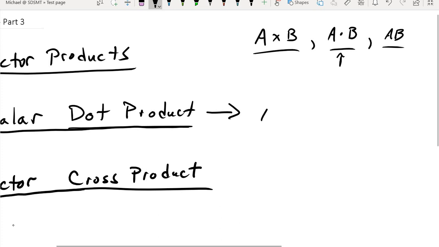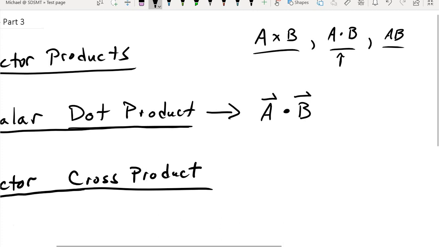This is how we're going to denote a dot product between two vectors. So if we have vector A and vector B, we'll use the half arrow hat above those two vectors, and to signify a dot product, we'll place a dot in between those two vectors.